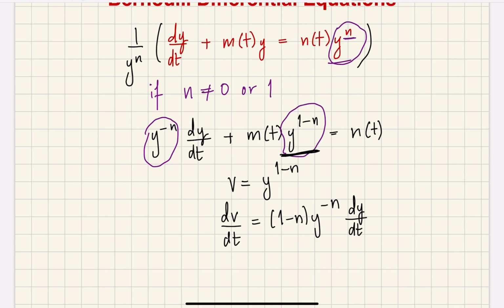Now, if you don't know why I added this dy over dt, this is because of this product, dv over dy times dy over dt. Now we have to do this because we don't have v defined in terms of t.